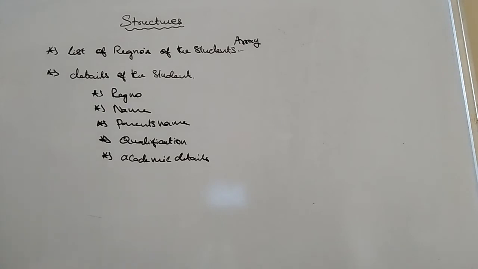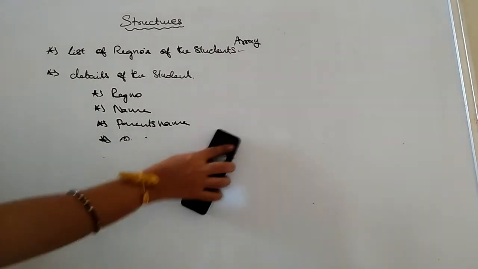So when we look at the details of the student, there is so much variety of data. If we wish to store these types of data, definitely we should go for structures, because a structure is a user defined data type which is used to store heterogeneous data.